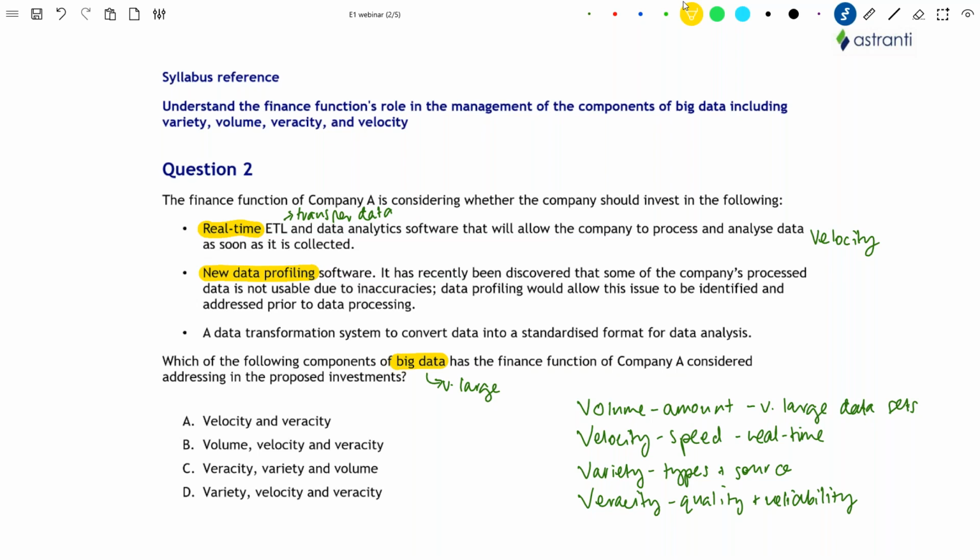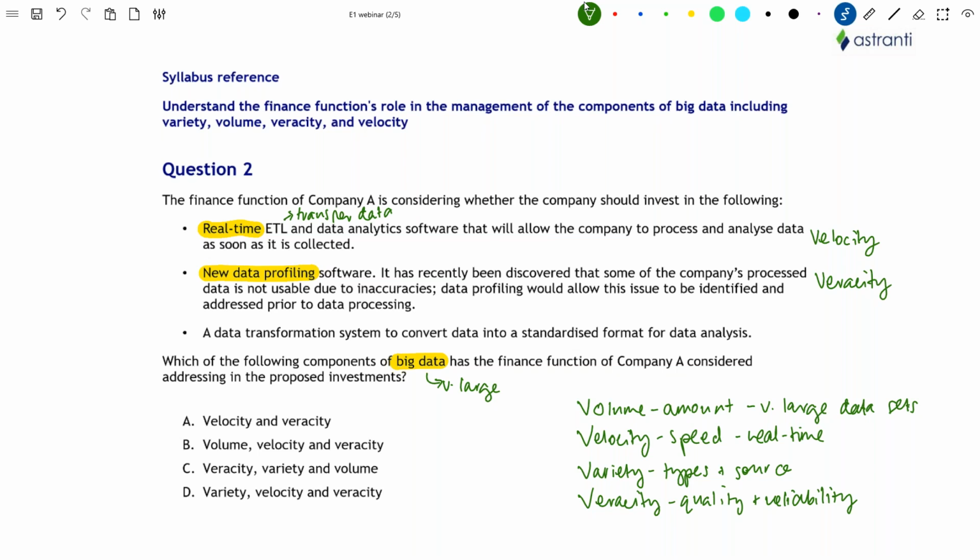It examines the characteristics of data for things like quality and accuracy, and any issues that are identified during the data profiling process can then be amended either prior to data processing, as is the case in the software here, or it could be amended during the processing itself. Because the software would be addressing the quality and the accuracy of the data, this is considering the veracity component of the data, which was all about the quality and reliability. So we've got veracity for this one.